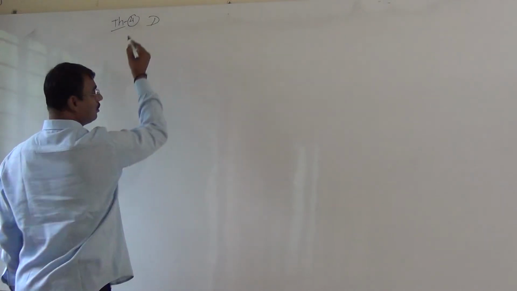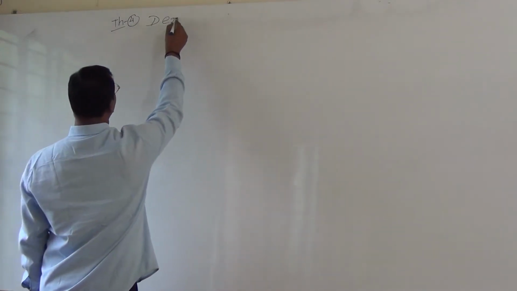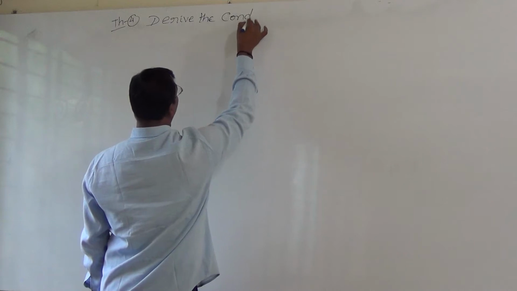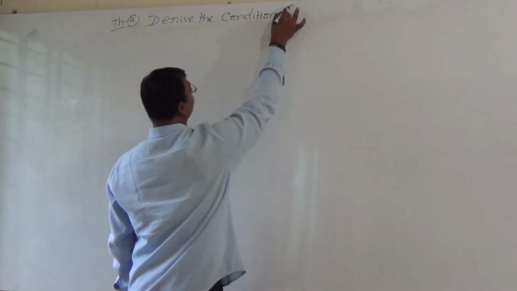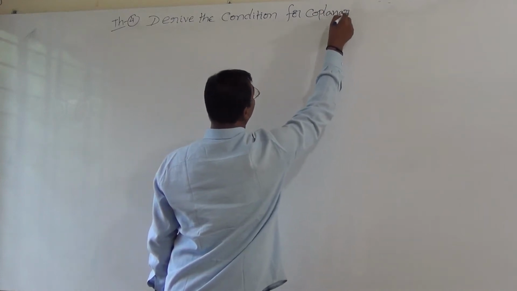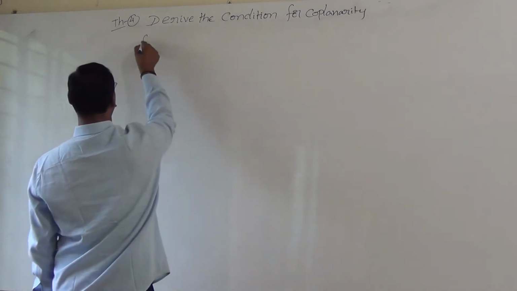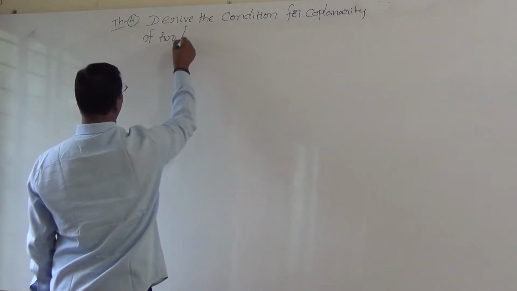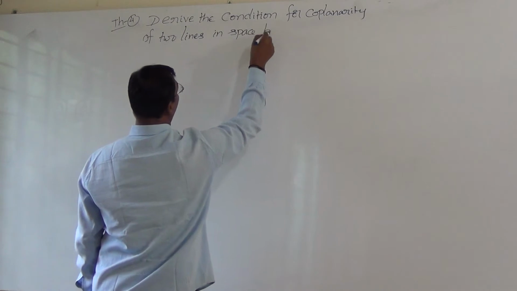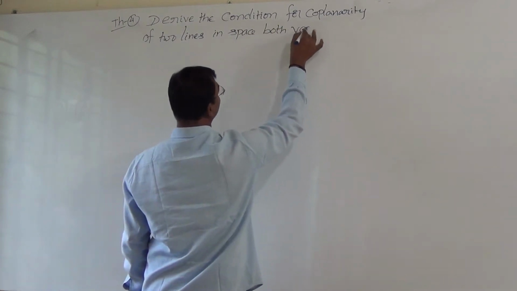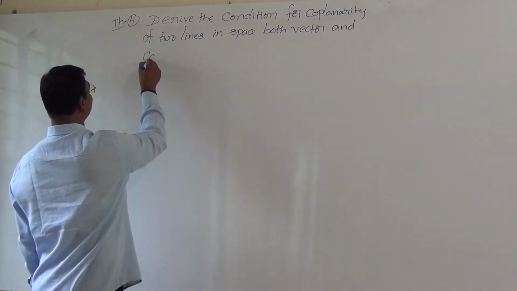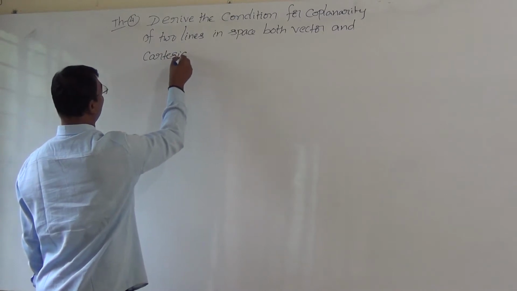The statement they ask in exam is: derive the condition for coplanarity of two lines in space, in both vector and Cartesian form. Both vector and Cartesian form.